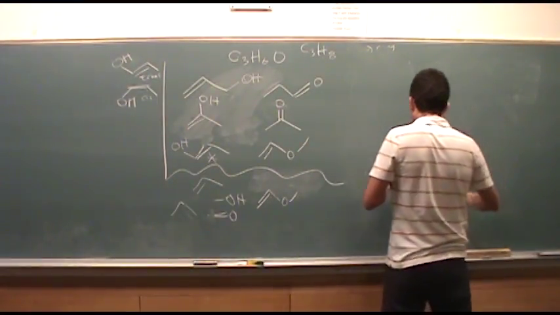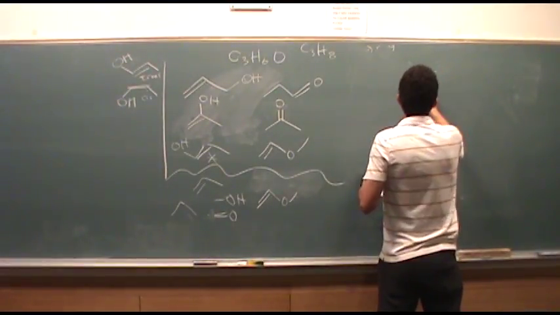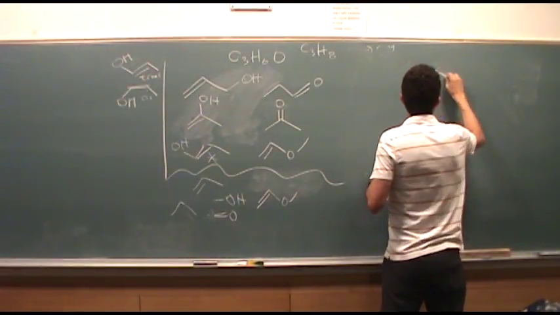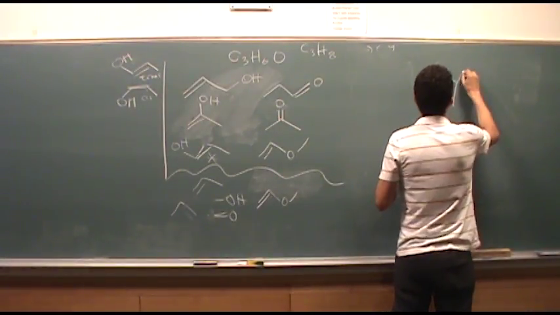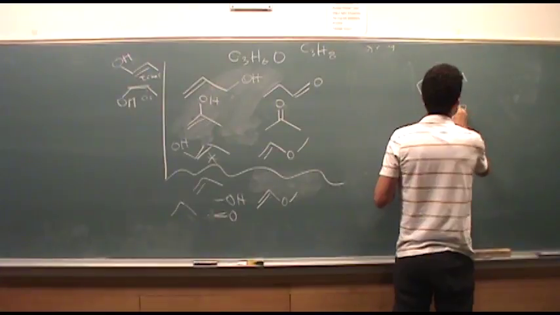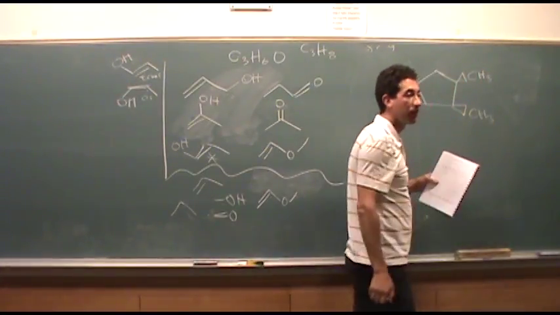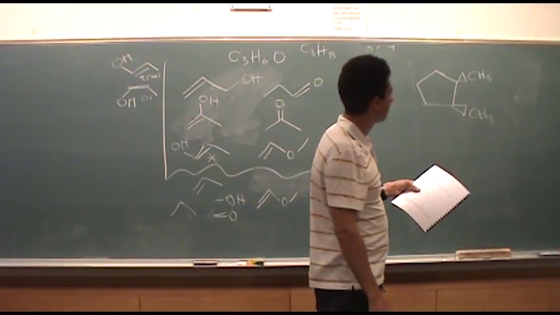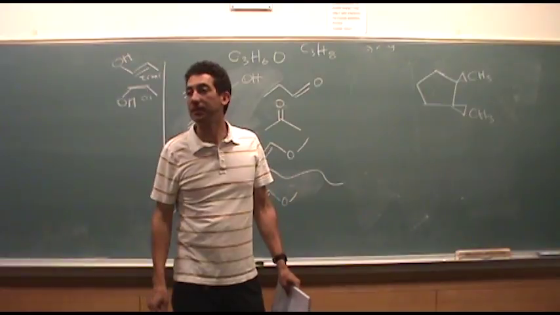All right, for the second one we've got, I'm going to redraw it. I can't really draw that way. Basically those two are cis right now. Two methyl groups are cis, is that okay? They're both pointing in the same direction.